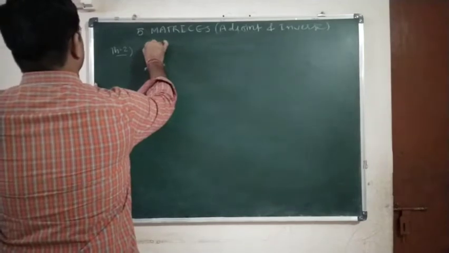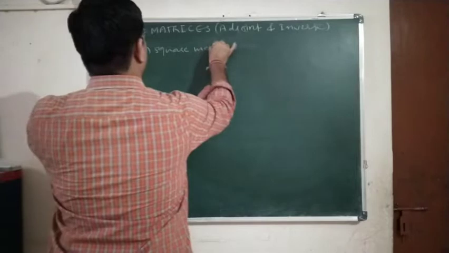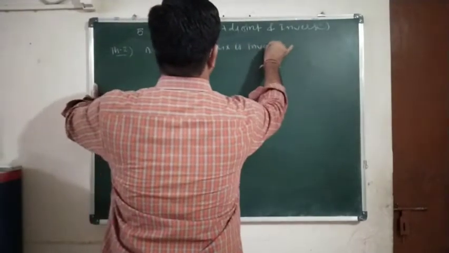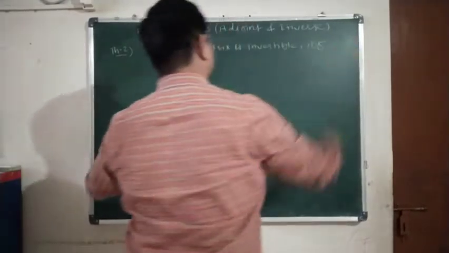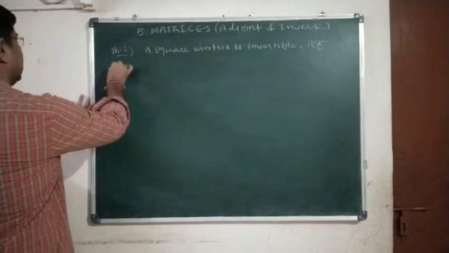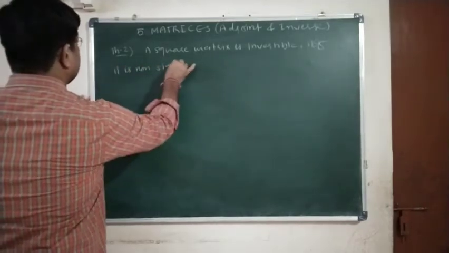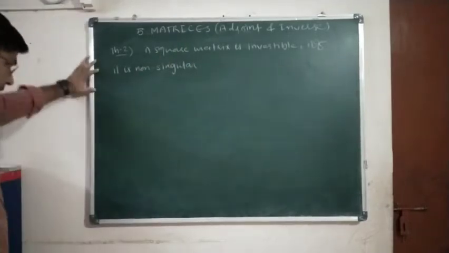A square matrix is invertible if it is non-singular.